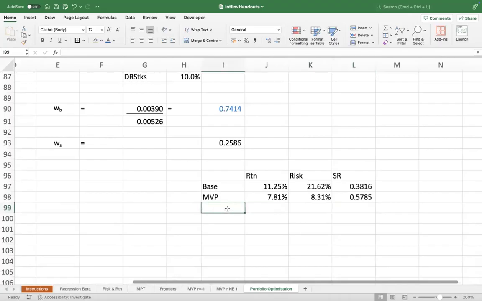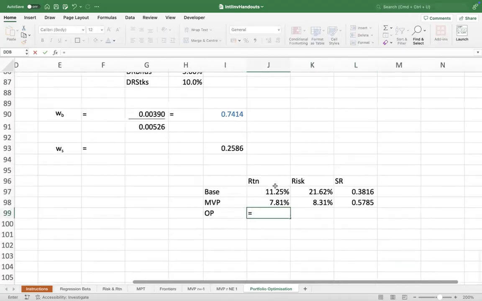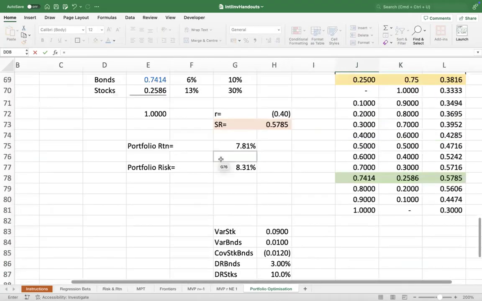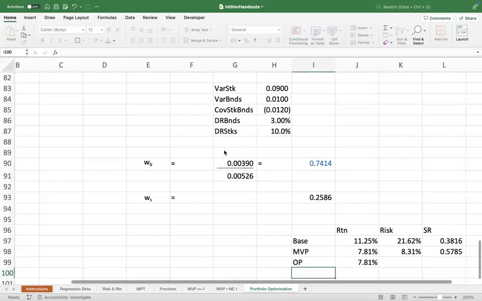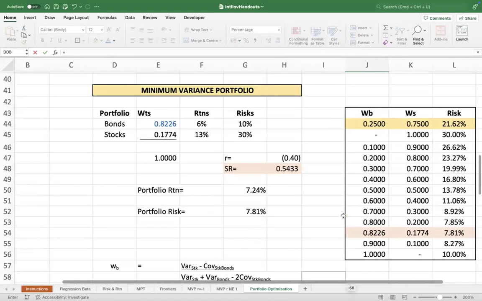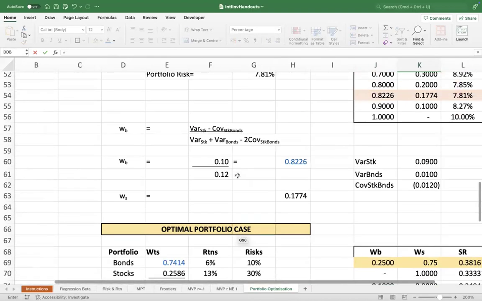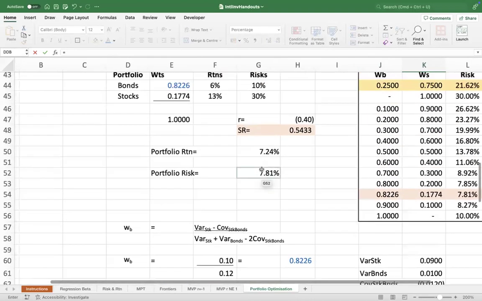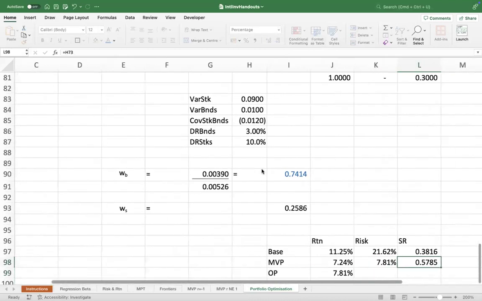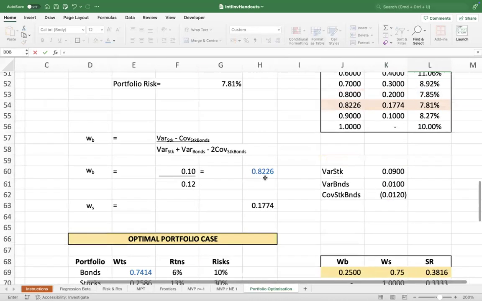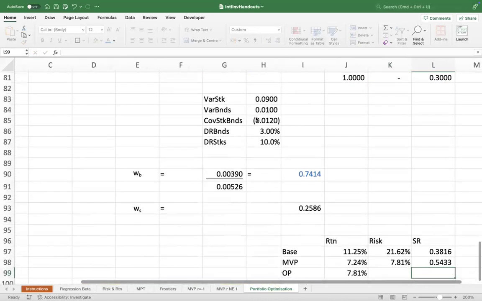And then we came across the optimal portfolio where the return was 7.81. Okay, so minimum variance weight was 7.24 and 7.81, and Sharpe's ratio was 0.5433.